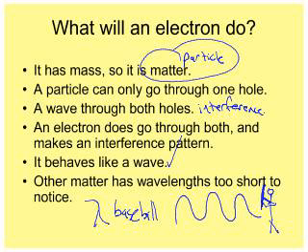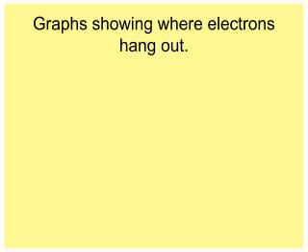It makes it much more difficult. However, the wavelength, it says too short to notice, really is too short to notice. You're talking about wavelengths on the order of 10 to the negative 40 meters. So small you really won't notice.